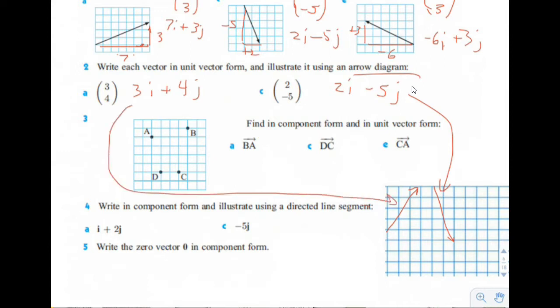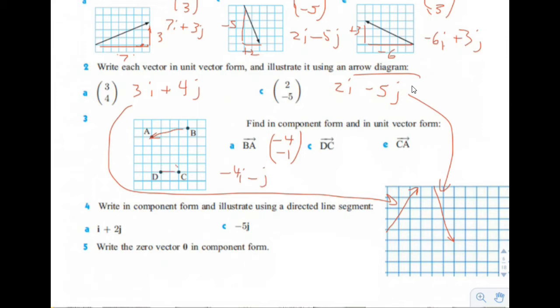Find in component form and in unit vector form. BA. So BA looks like that. We're going backwards 4, to the left 4, and then we go down 1. So that would be negative 4i minus j, or minus 1j.